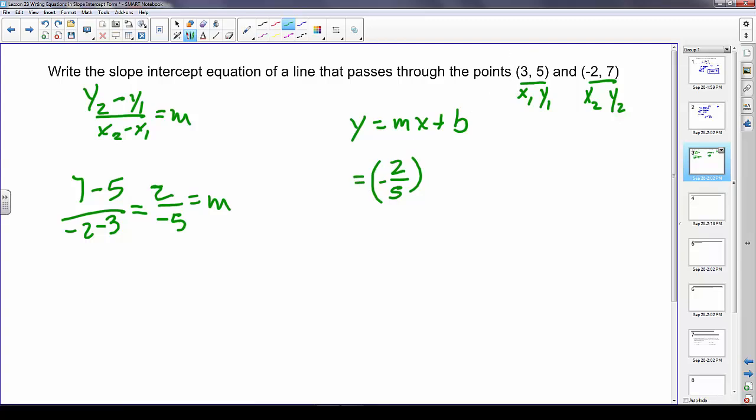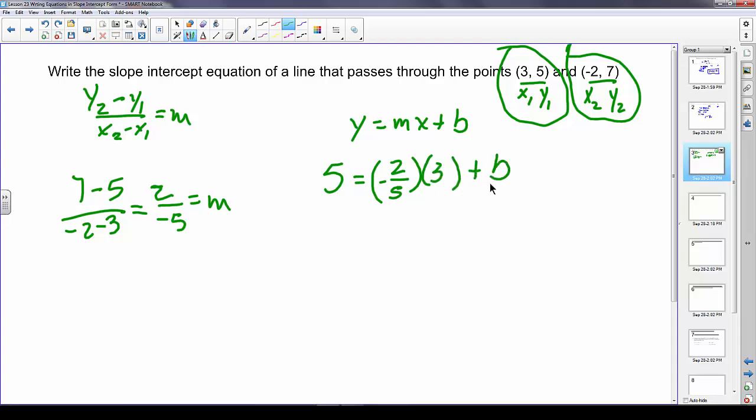In this case we have 2 points, but it really doesn't matter which one we use. We can use this x, y or this x, y because both of them go through the line. I'll use the first one where I have a 5 for my y and a 3 for an x, and then we'll solve for b.